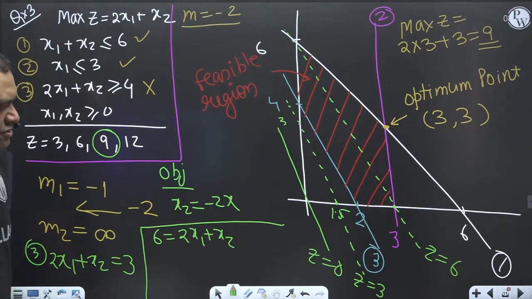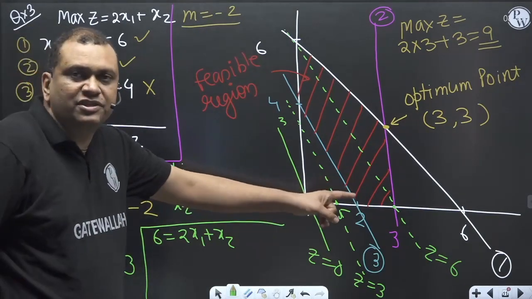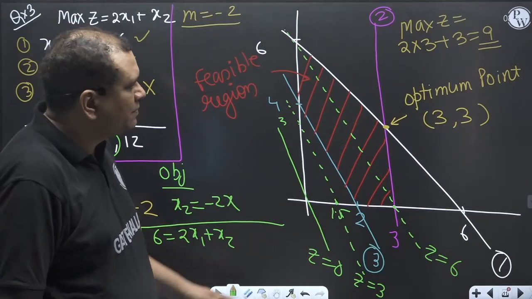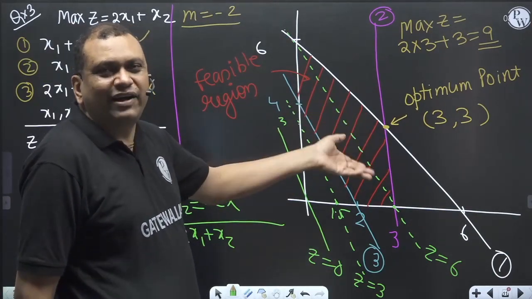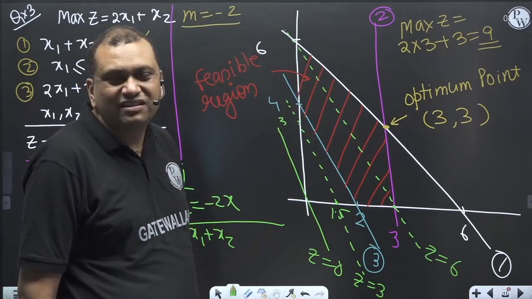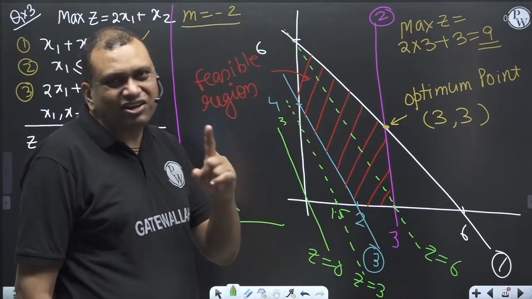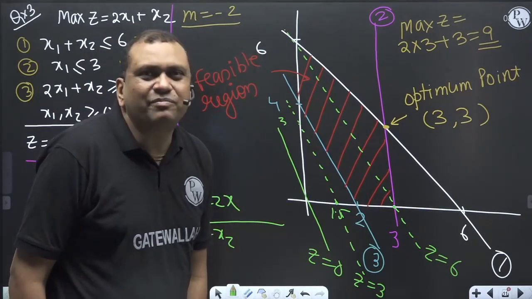Z equals 6 is a feasible solution. See how it is a feasible solution? Because it is lying in the feasible region. But it is not the optimum one. It is a feasible solution, but it is not an optimum one.